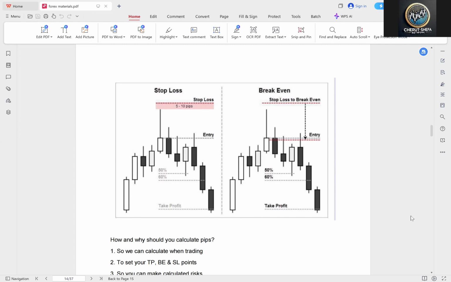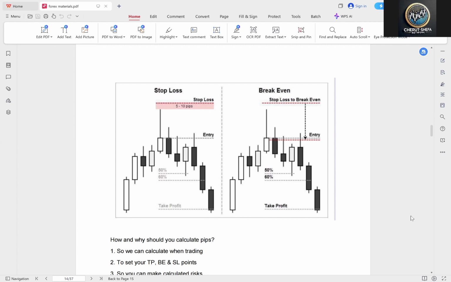Now, break-even is actually moving your stop loss from where it is to your entry. Look at the second diagram. The first diagram is your trade, your entry, and then your stop loss, and then your profit. And the trade is already moving towards your profit.